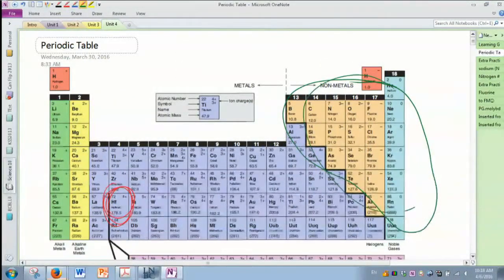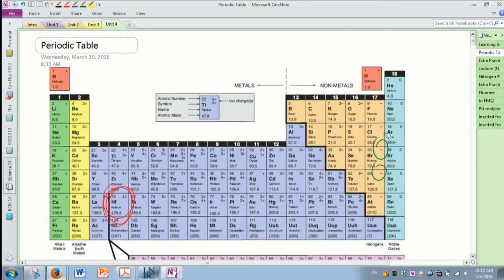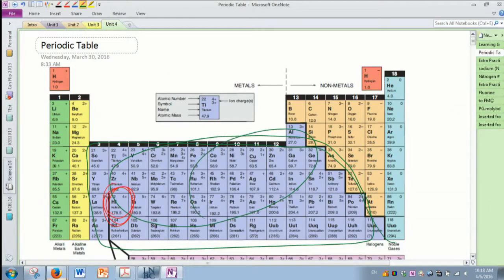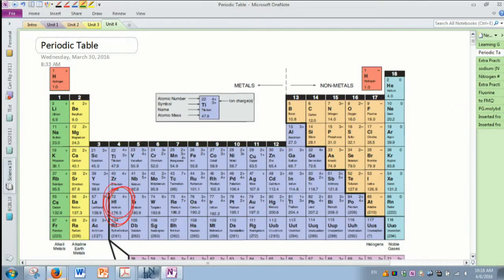So up here we have all of our nonmetals. They are all negatively charged, and there's not a single one of them that has more than one charge. When we get into the metals here in the middle of the periodic table, we end up with these guys in the middle, the metals, having more than one charge. So I cannot have a covalent compound that is multivalent. It's just not possible. There isn't more than one charge available there.